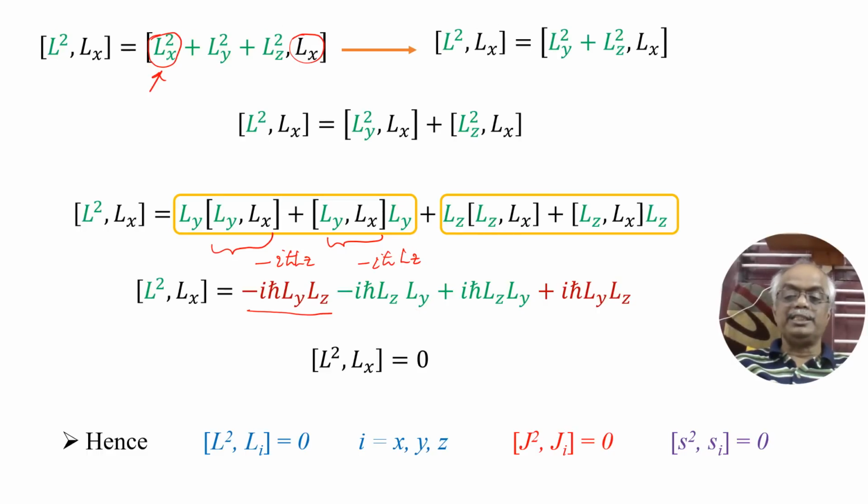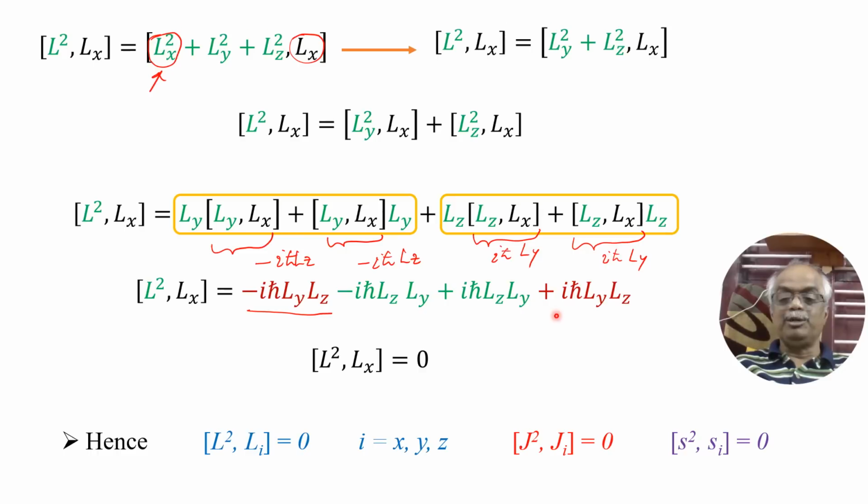What about here? Here [Lz, Lx], it's a cyclic one. So naturally this will be iħ Ly. So this can be written as plus iħ Lz first, then Ly. Then what about this? [Lz, Lx] is equal to, it is cyclic, so iħ Ly.